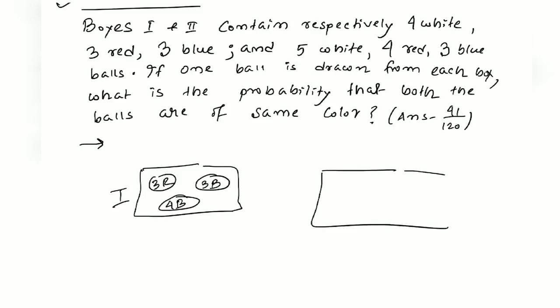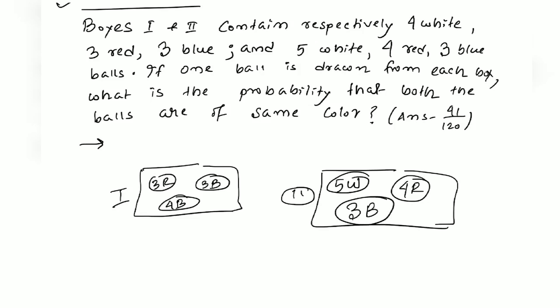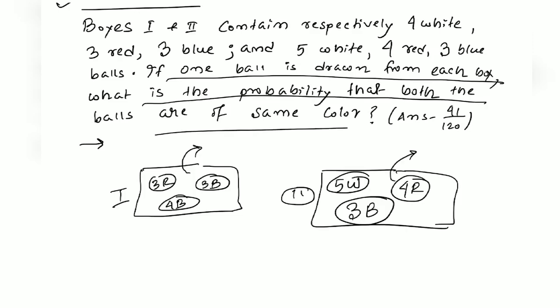This is box number 2, suppose, where you have 5 white balls, 4 red balls and 3 blue balls. What has been asked is that if one ball is drawn from each box, that is, you take out one ball from here and another ball from here, what is the probability that both the balls are of the same color?